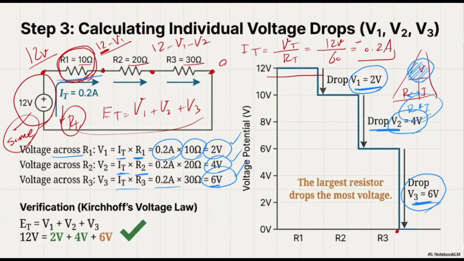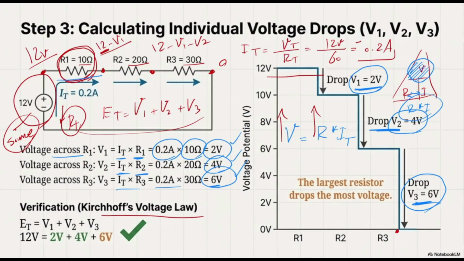That completely makes sense, because if V equals R times I, and I is constant, by increasing the right side of this equation, I will increase the voltage itself. The more resistors that you have, the more voltage drop you would face.